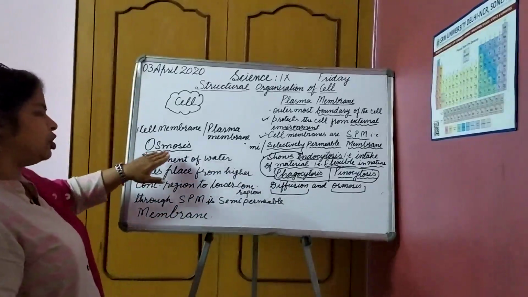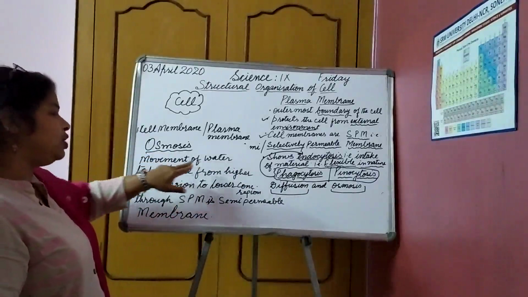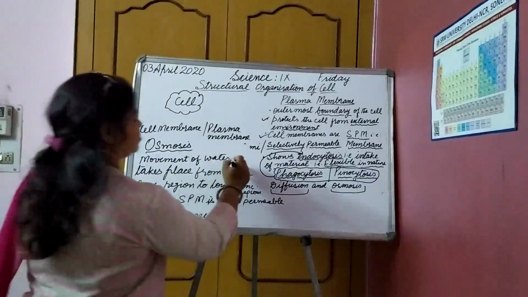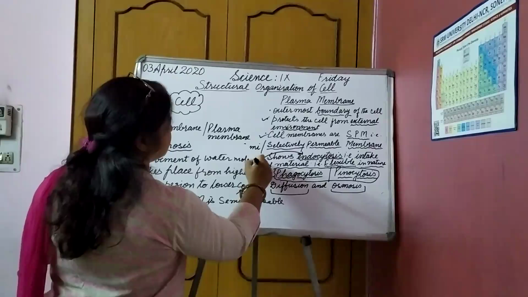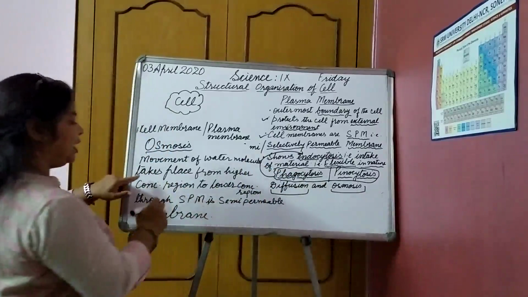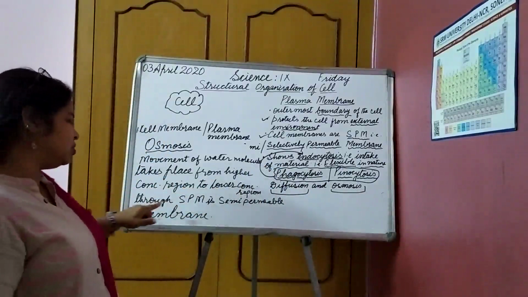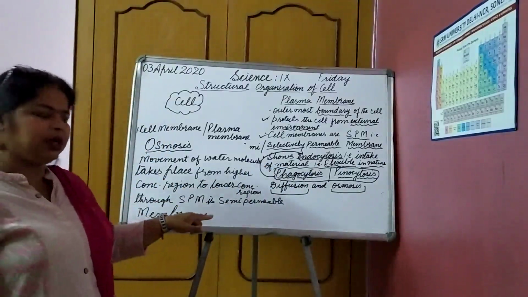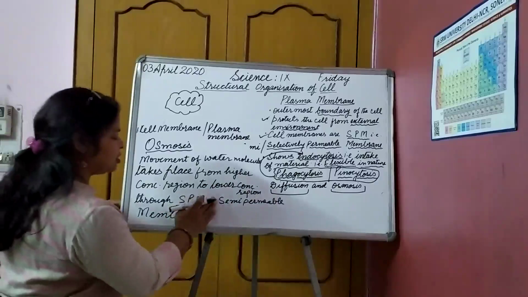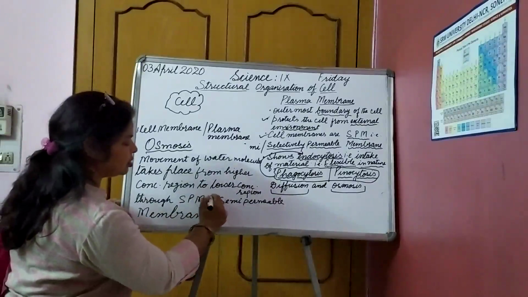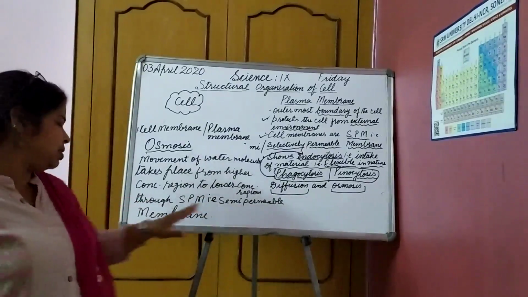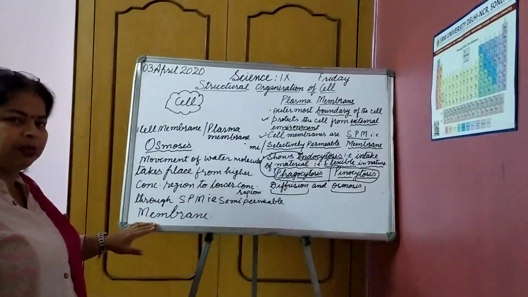Again, let me repeat. Osmosis: movement of water molecules takes place from higher concentration region to lower concentration region through SPM, that is, semi-permeable membrane or selectively permeable membrane.